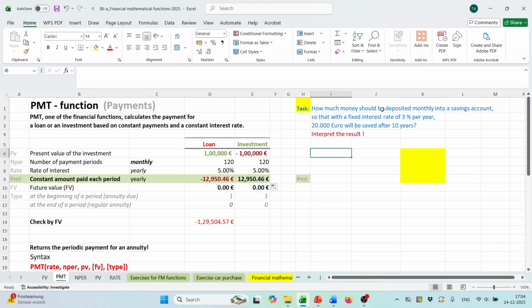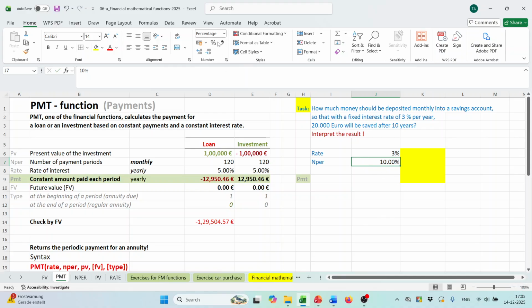How much money should we deposit monthly into a saving account so that with a fixed interest rate of 3% per year, 20,000 euro will be saved after 10 years. So here the rate is 3%, and the period is 10 years.